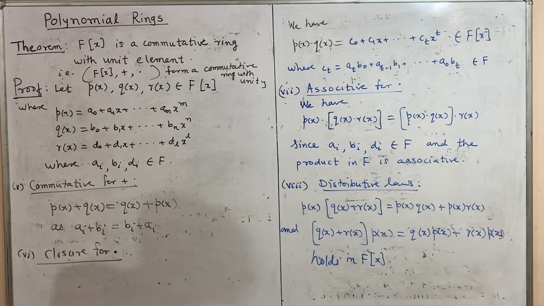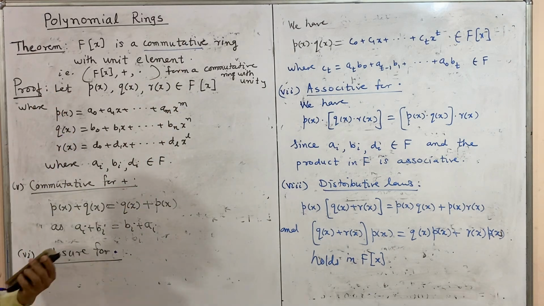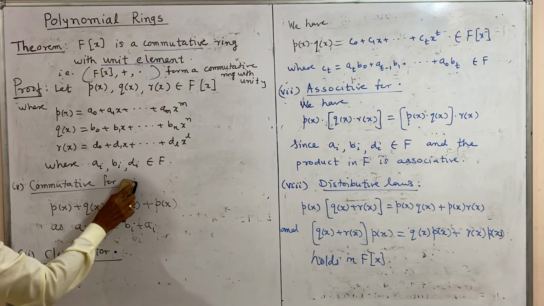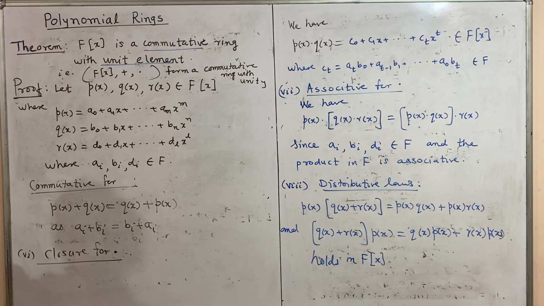Now what remains to prove is that it is commutative with respect to the multiplication operation, and that it has a unit element. Now commutative for multiplication, that we have to prove. So this is our ninth property.